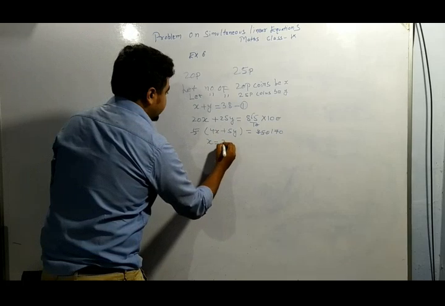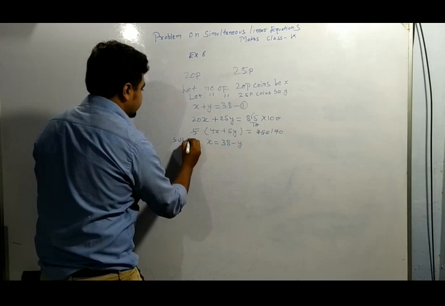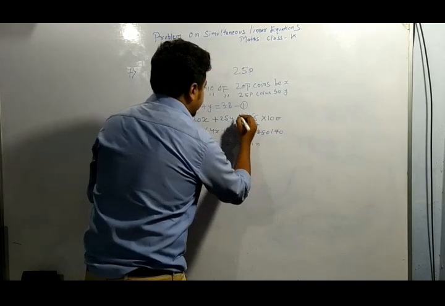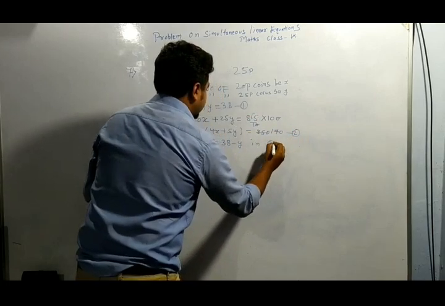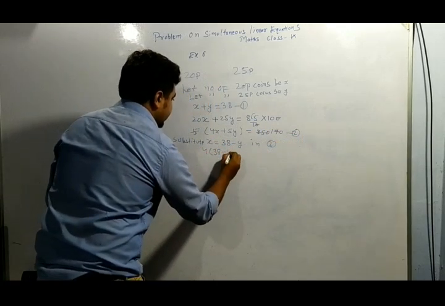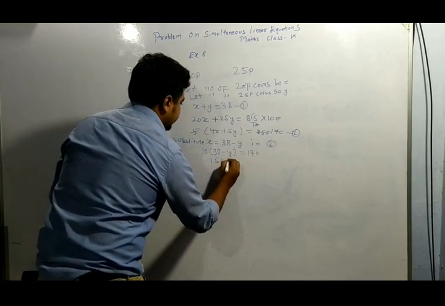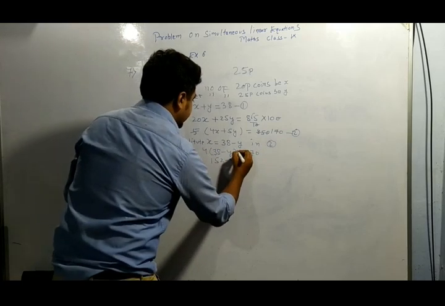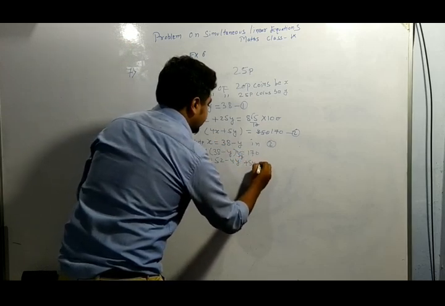x will be equal to 38 minus y. I am substituting this in equation 2. So 4 into (38 minus y) plus 5y will be equal to 170. So this is 152 minus 4y plus 5y is equal to 170.